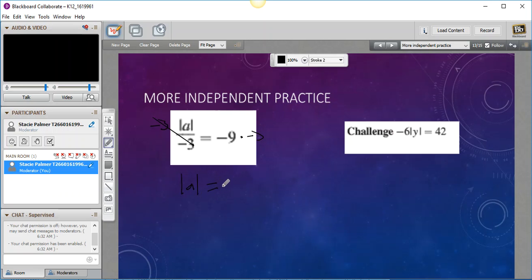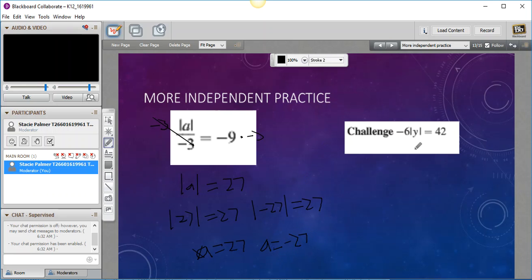So the absolute value of a is equal to 27, and now we solve. We know the absolute value of 27 is 27. We also know the absolute value of negative 27 is 27. So our solutions would be 27 and negative 27.